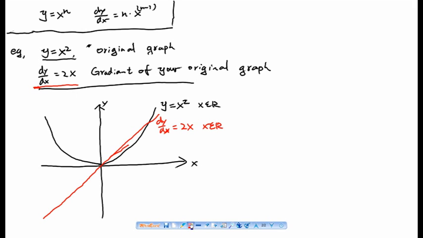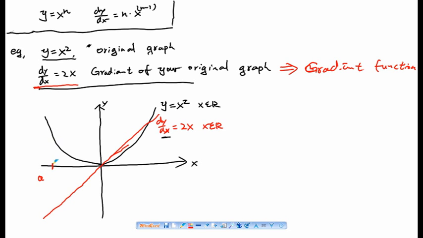Actually, the differentiation dy dx means the gradient, but it gives you a function. We can also call it the gradient function. Say I have a point A there.